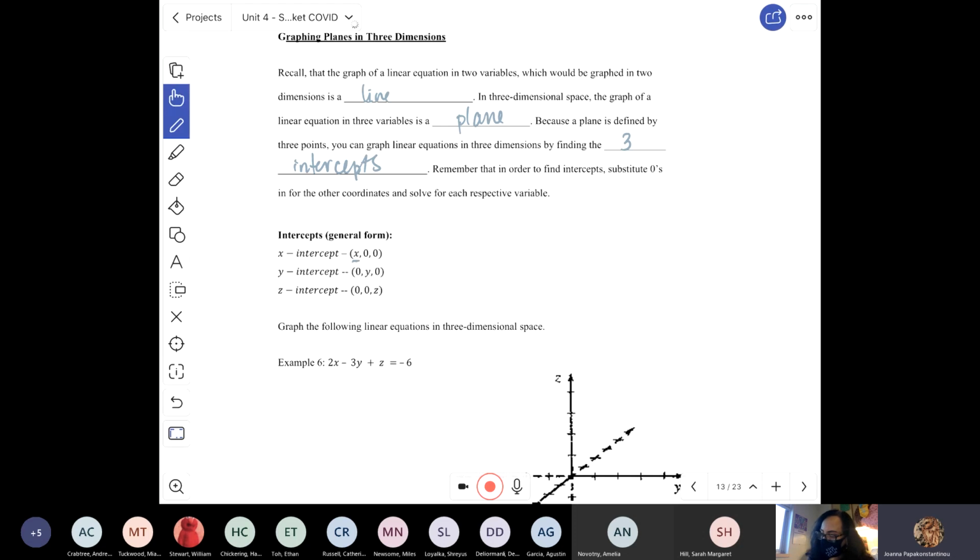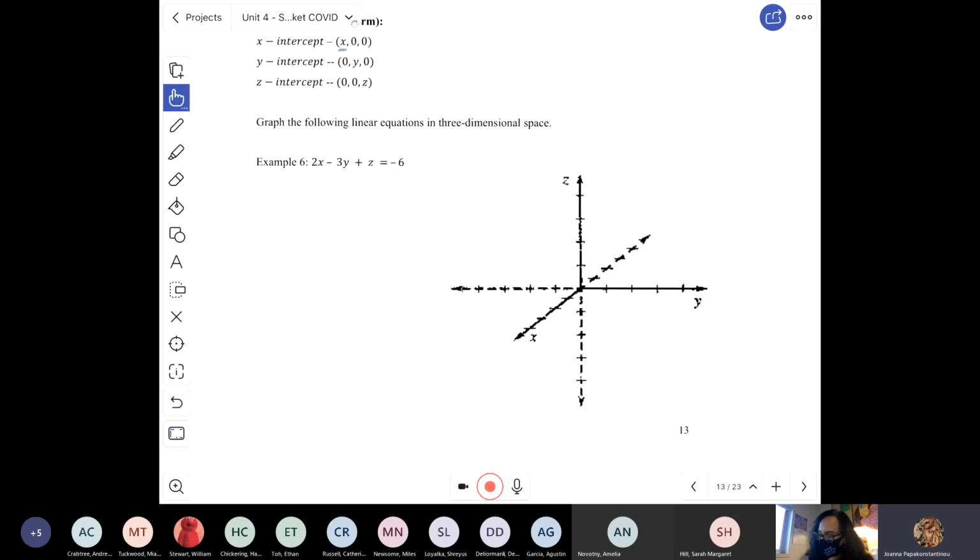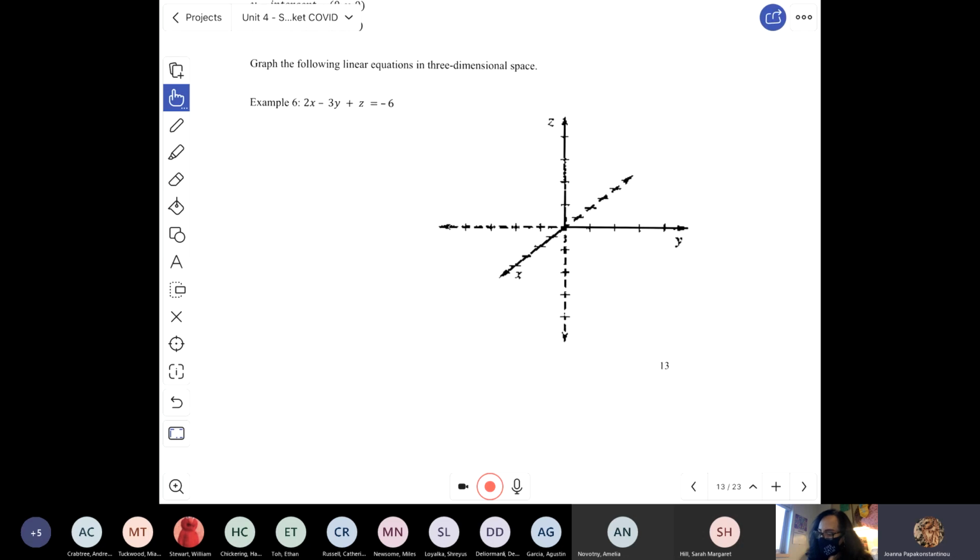What if on an assessment, like an upcoming test, I gave you this linear equation in 3 space and asked you to graph it? Let's talk about how we're going to graph this. The first thing you're going to want to do is find your intercepts.